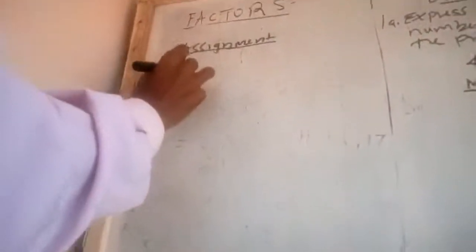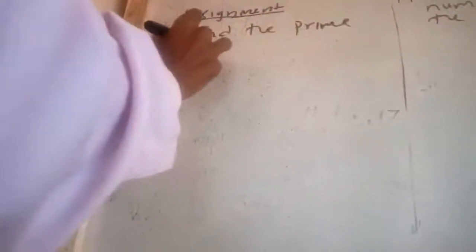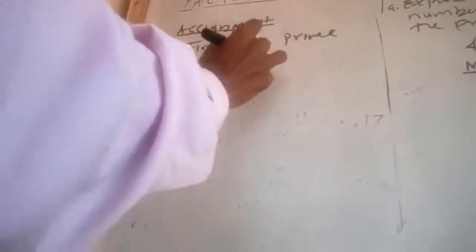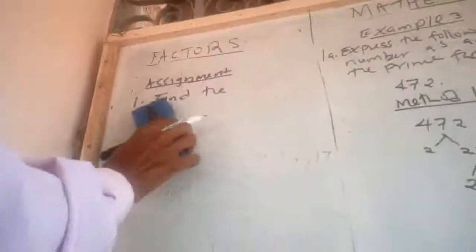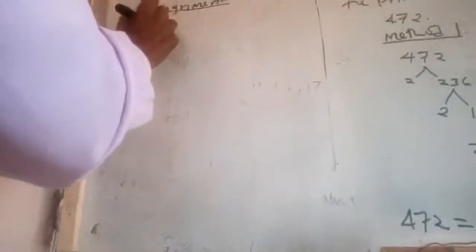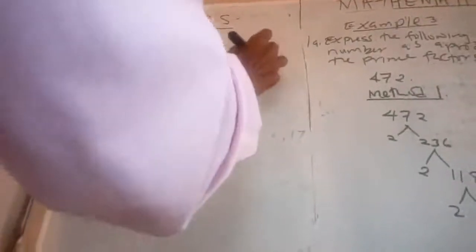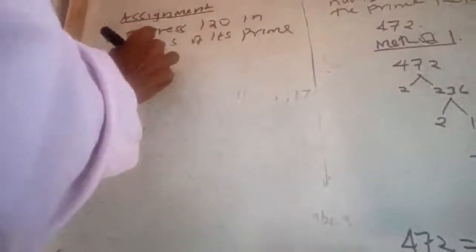Question 1: find the prime factors, or you can have it this way: express 120 in terms of its prime factors.